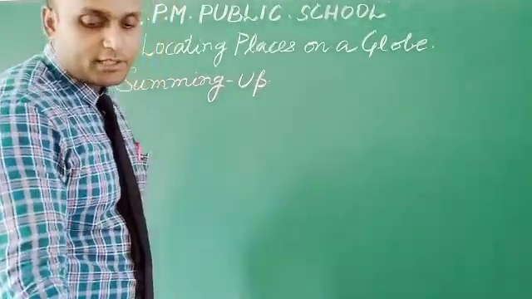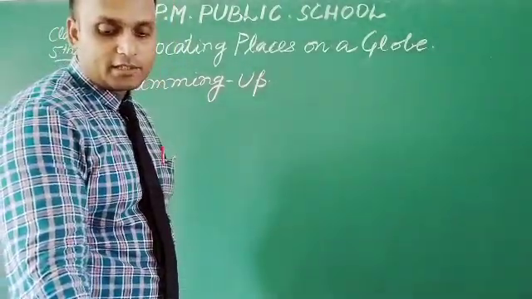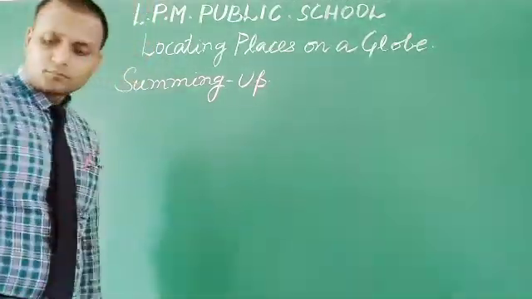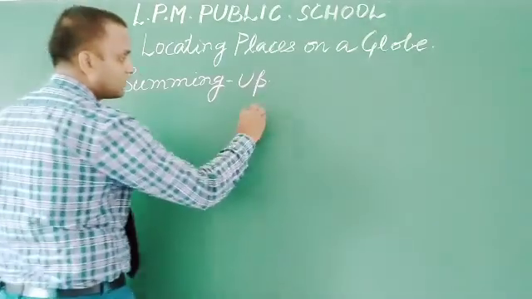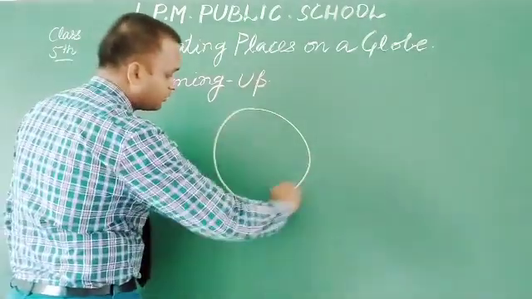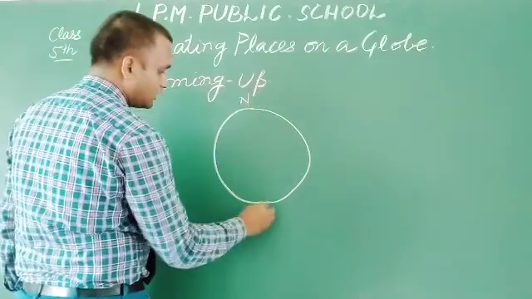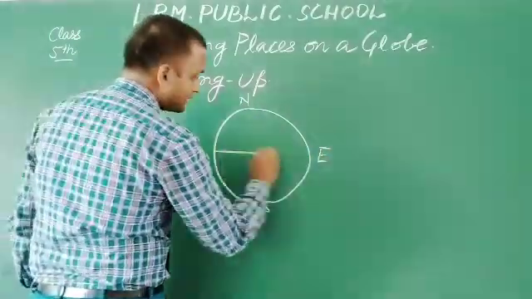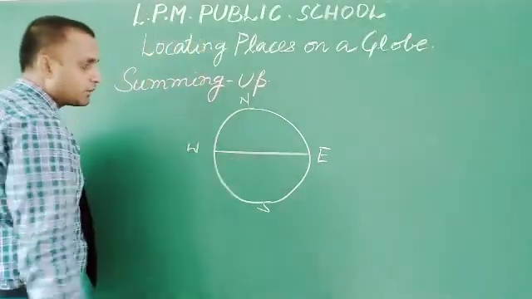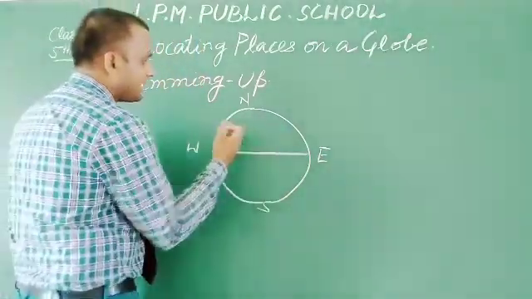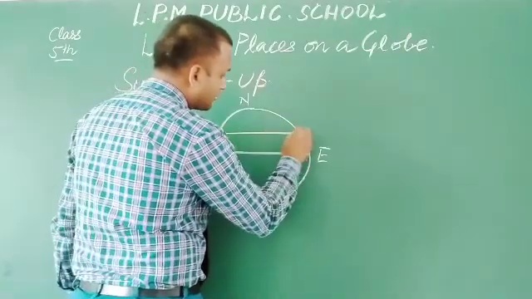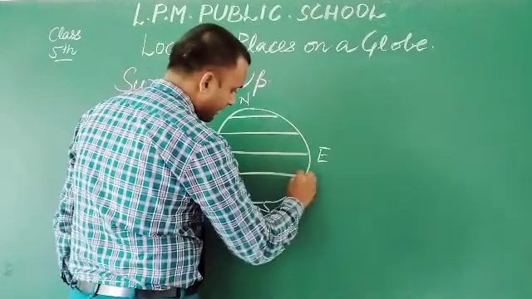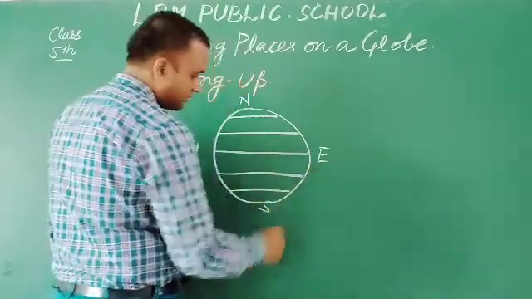Now second point is, lines of latitude are imaginary lines drawn on the globe that run parallel to the equator. Now suppose this is a globe. North, south, east and west. This line is called the equator line, and this is the Tropic of Cancer, Arctic Circle, Tropic of Capricorn, Antarctic Circle.